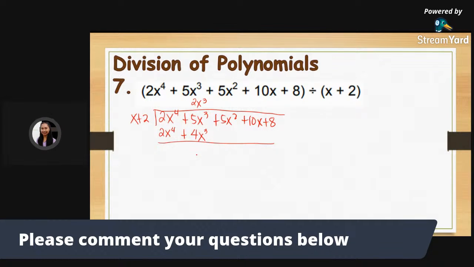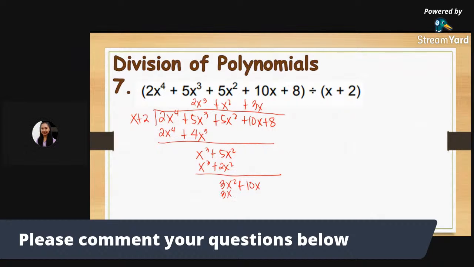If we subtract them, we get x cubed plus 5x squared. Then x cubed divided by x, that is x squared. x squared times x, we get x cubed. And x squared times 2, we get 2x squared. If we subtract them, the answer is 3x squared. Bring down 10x. 3x squared divided by x, the answer is 3x.